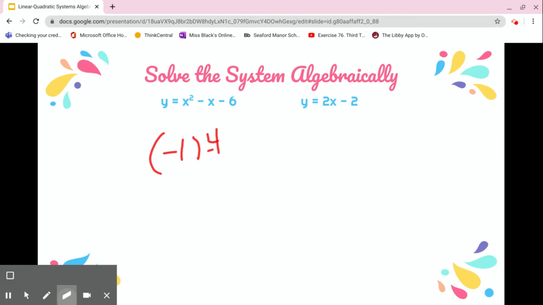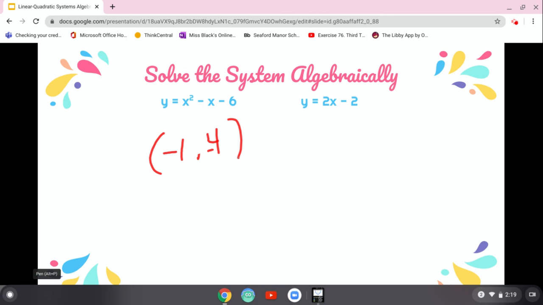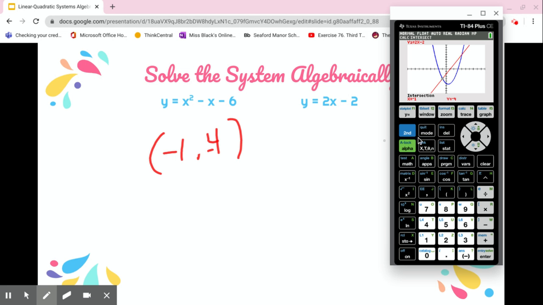And then our second point of intersection, go again, second calc, and we're going to go to intersect, which is 5. I'm going to go on to the red one. I want to use the line. The line takes a little bit less time. Okay, press enter 3 times, and it's 4, 6.